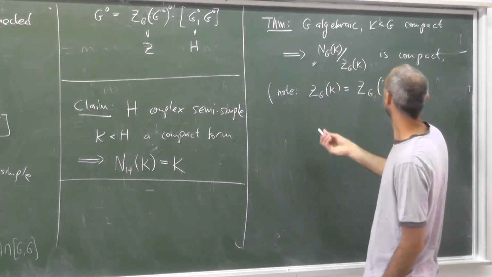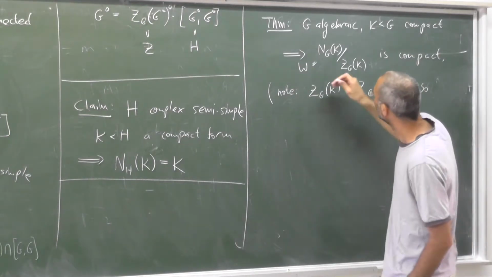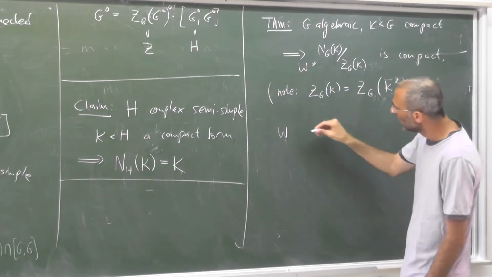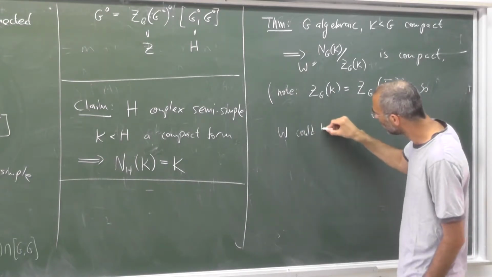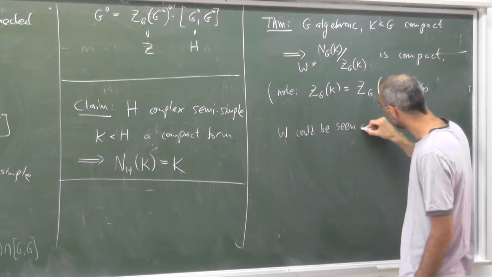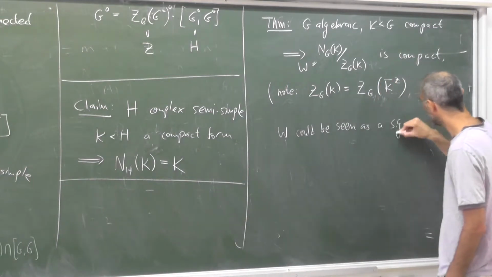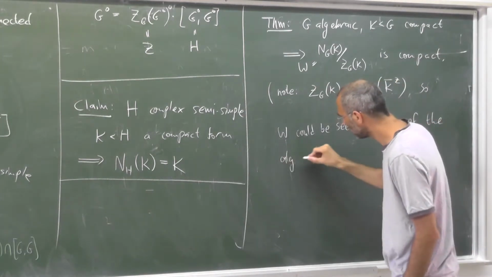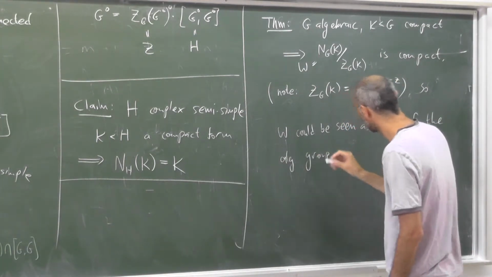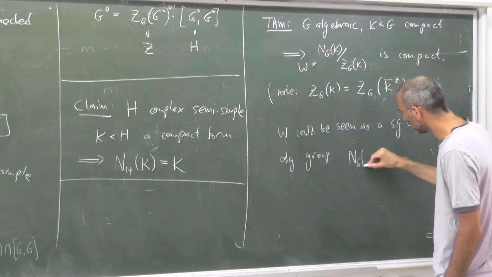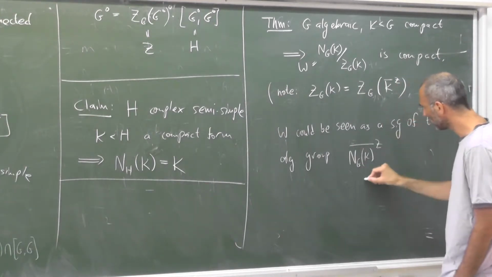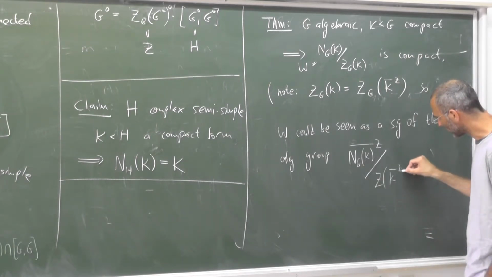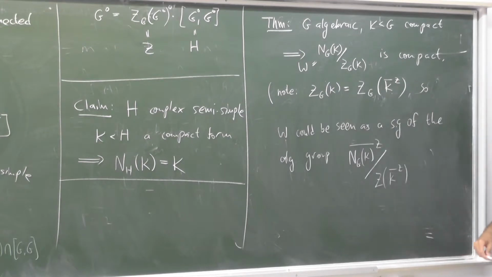this group W, never mind. W could be seen as a subgroup of the algebraic group: take the Zariski closure of that one and divide by this Zariski closed subgroup.